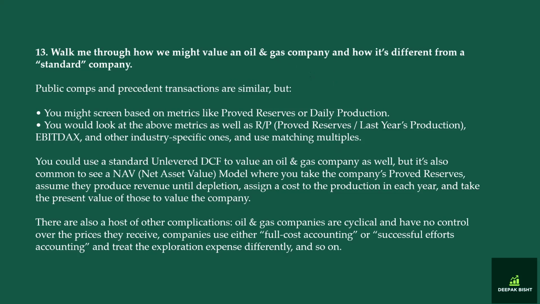Therefore, the asset base is less about going forever and more about how long you can produce. And revenue and profitability are highly exposed to commodity price volatility and less predictable than many standard businesses.